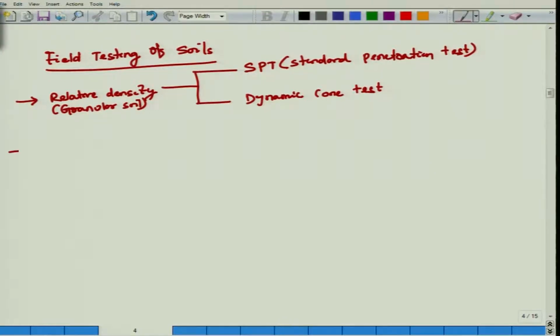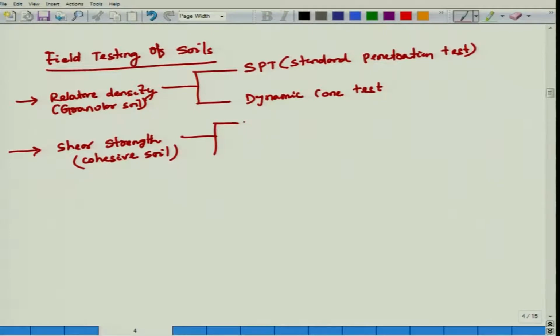Second one is shear strength in situ conditions, that means in the field. There are two parts, one is laboratory, one is field. Particularly cohesive soil. So, what are the tests in the field?